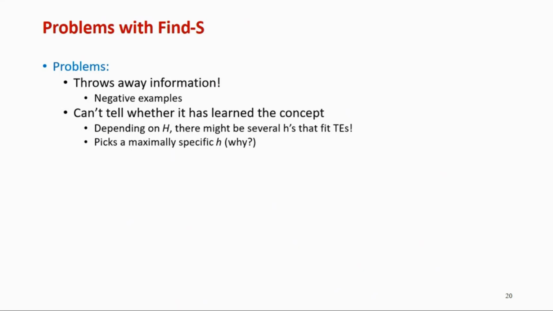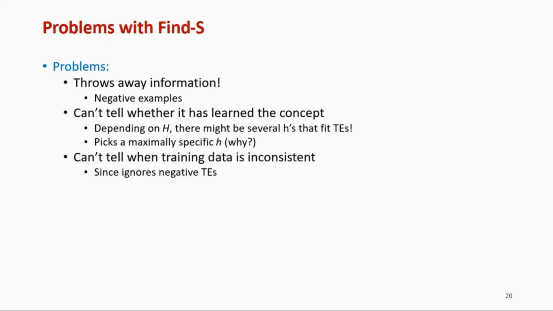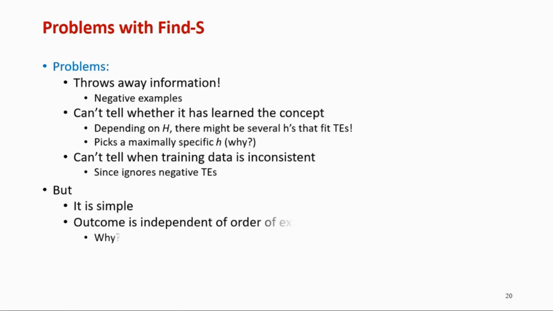So we cannot say the one we find is the best fit. In the training data, we also cannot tell when it is consistent or inconsistent, because we are ignoring negative training examples. But the algorithm is simple, and it is independent of the order of examples.